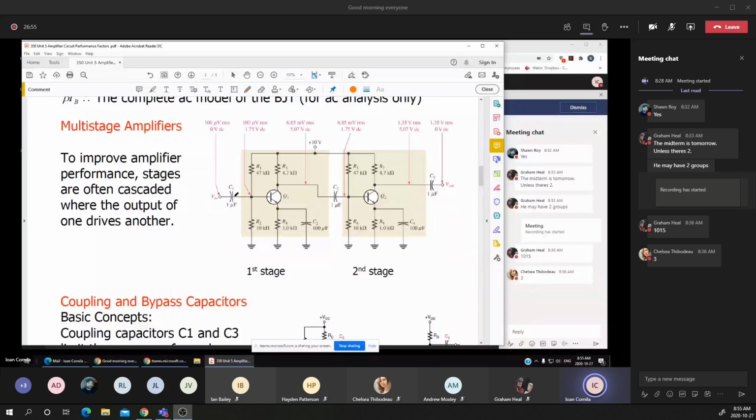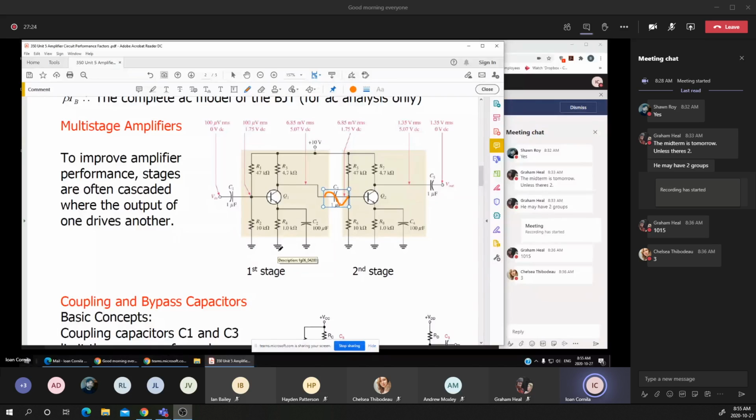That's why the purpose of those capacitors is a coupling capacitor between the input voltage and the first stage, a coupling capacitor between two stages, or a coupling capacitor between an amplifier or a circuit and a load. Means that those capacitors allow just the AC voltage to pass through them, not the DC component.